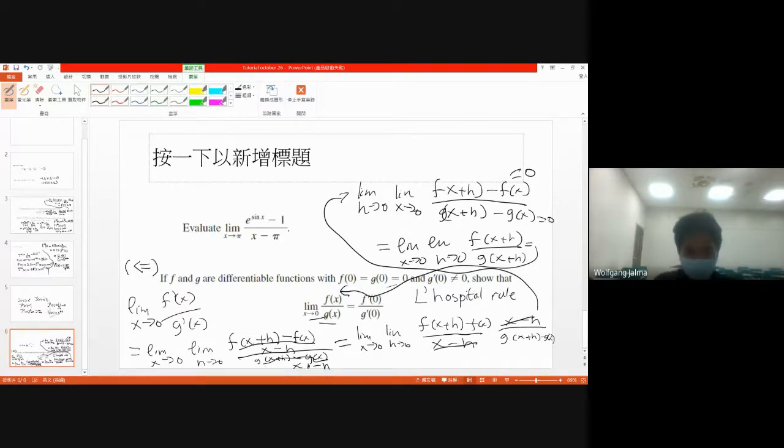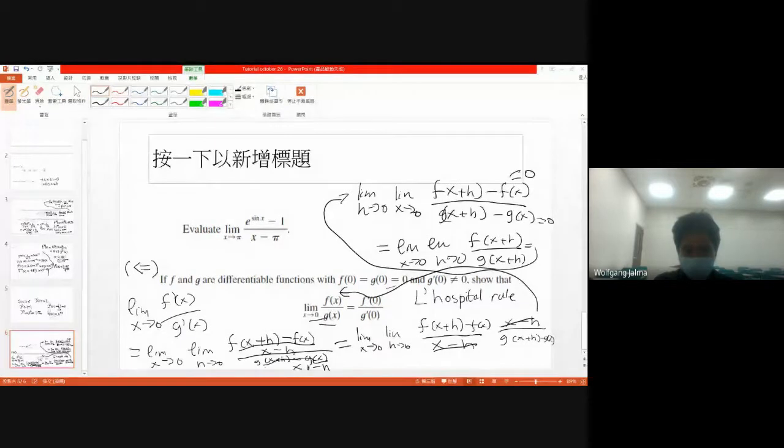Okay, I think that's quite an interesting part, and sorry for the mess. Basically I want to show you some very interesting trick in calculus, and how it is derived.